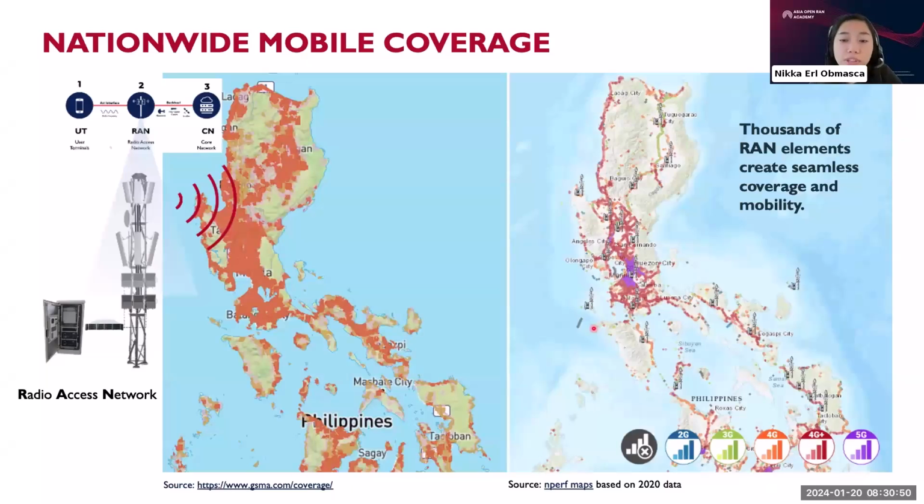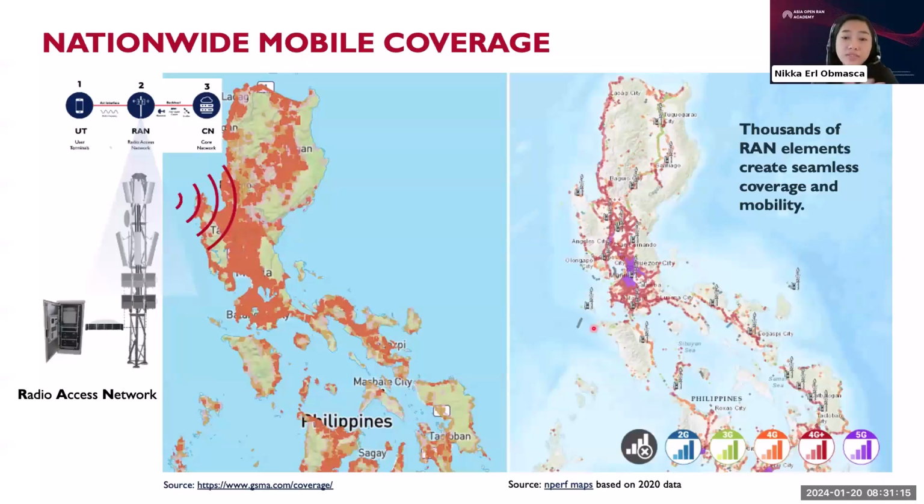While in rural areas, there is only lower population density, so network operators need to deploy fewer cell sites with higher output power so that they can provide network coverage to a larger area. So that's how we plan, aside from the factors that I said earlier.